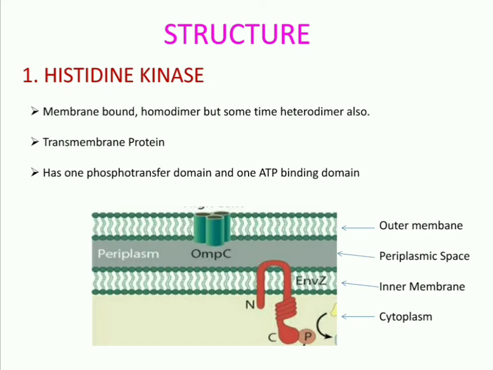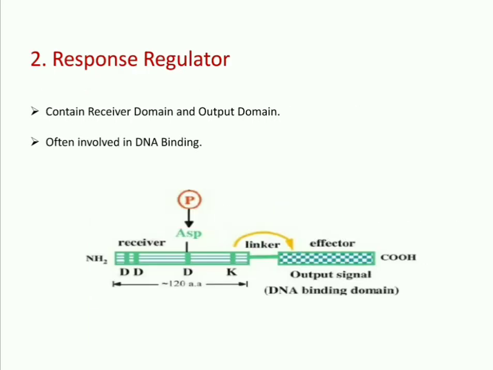This histidine kinase is present in the inner membrane, either at the outer side or the inner side of this membrane, and it has autophosphorylation capacity.